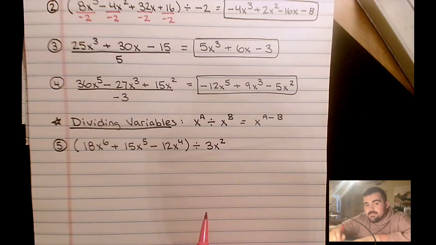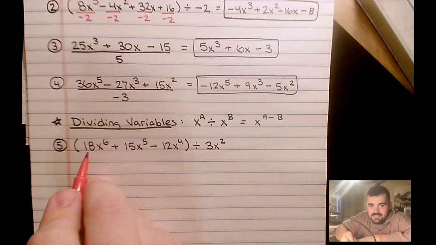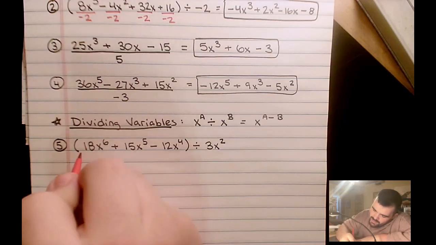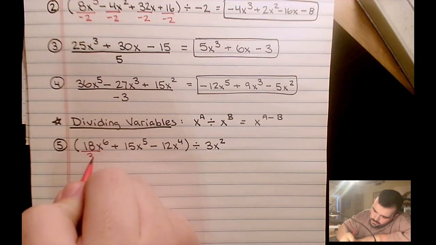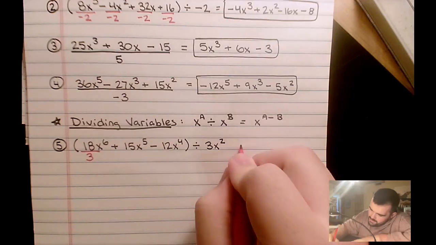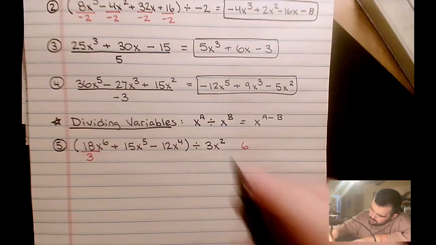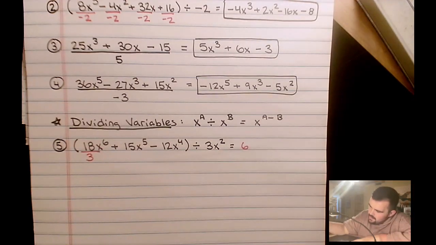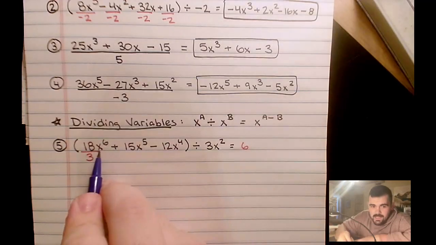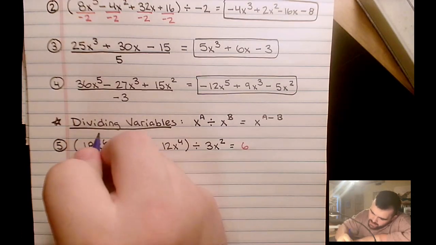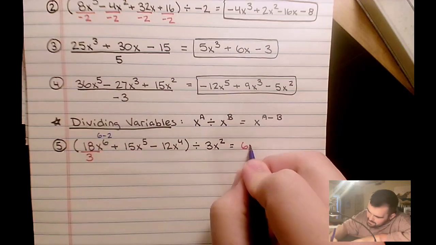So we're going to have to take this piece by piece. First, that first term, 18x to the 6th. Let's start by dividing 18 by 3. 18 divided by 3 is 6. Then, for that x to the 6th, let's subtract 6 minus 2 to get x to the 4th.